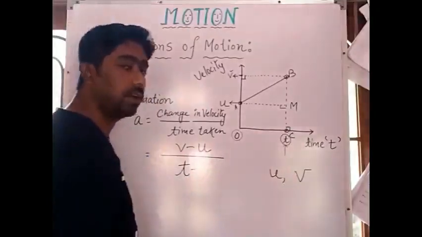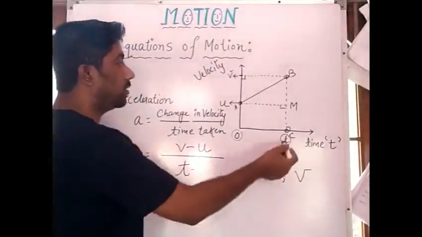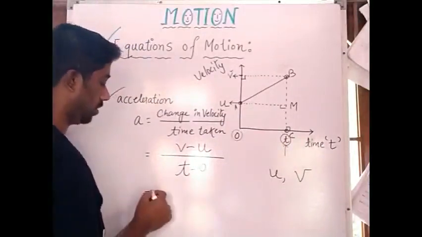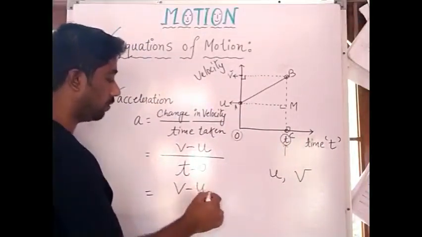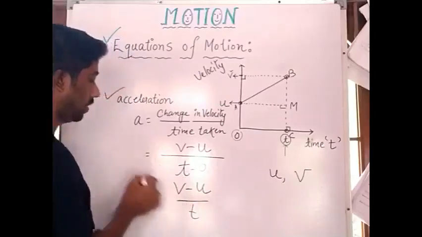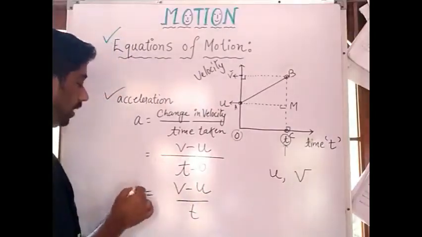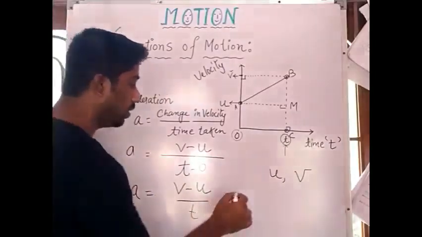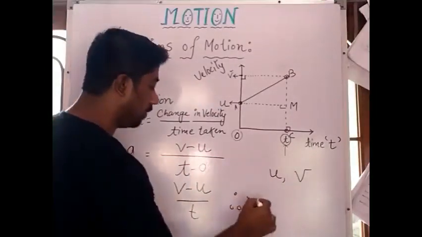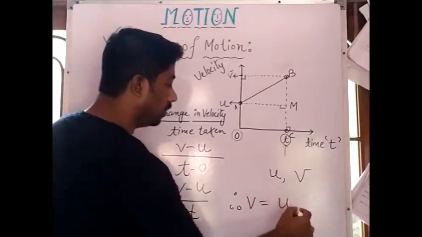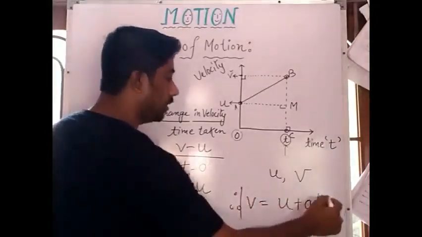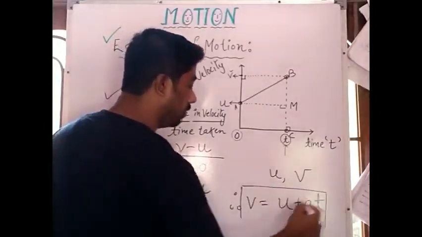The body after time t achieves velocity v, and hence this is t minus 0. So on calculation you will get a is equal to v minus u by t. You shuffle this, you will get v is equal to u plus at. So this is the first equation of motion.